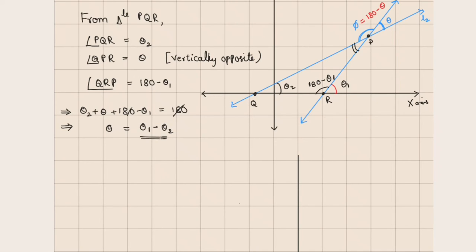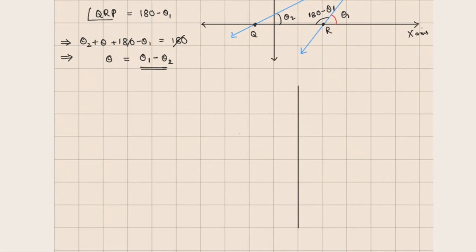Now we need to find theta 1 minus theta 2. For line L1, the slope m1 is tan theta 1. For line L2, m2 equals tan theta 2.